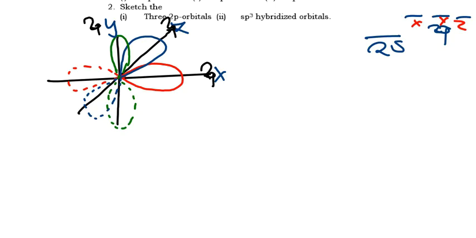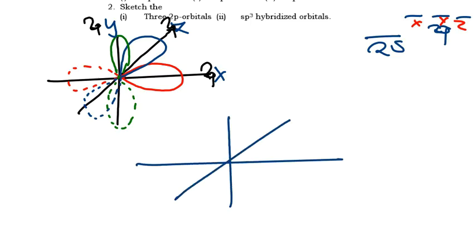Now others opt to separate them, where you draw the first diagram showing where the y is alone, the other one you show where the z is alone, and so on. So it's still right even in that case, especially if you're going to have maybe only a pen. I would advise you go by the other method where you show all the three axes and then only draw one. For example, I can only draw the x-axis on this diagram like this, and then label it: this is 2px.